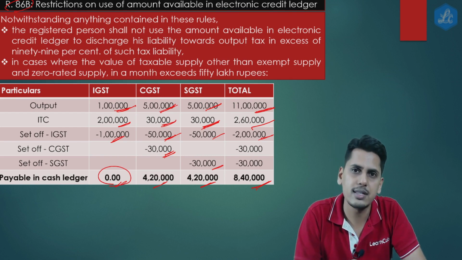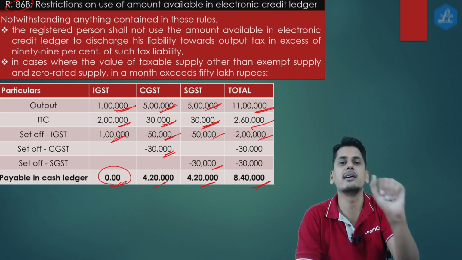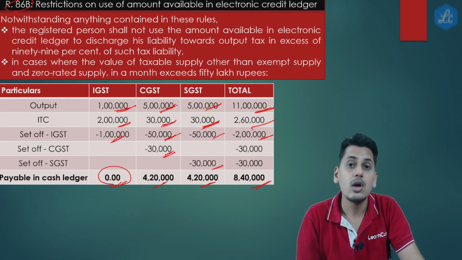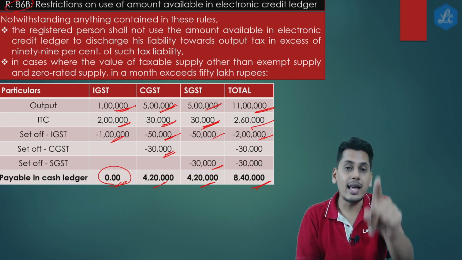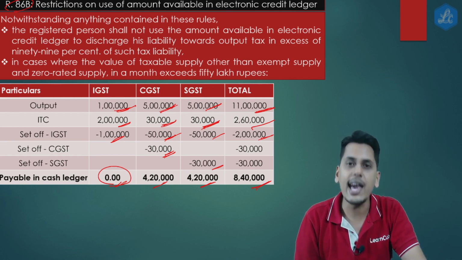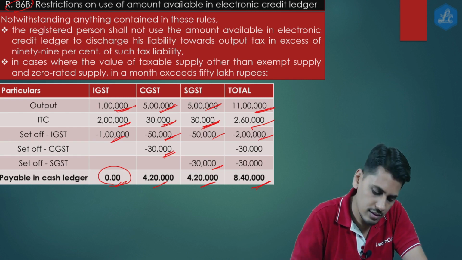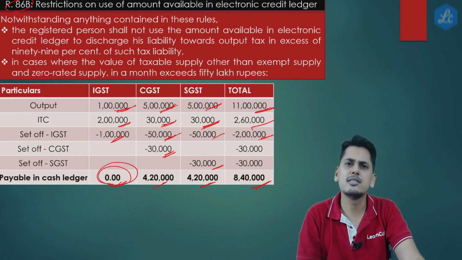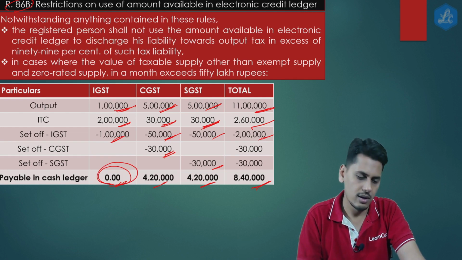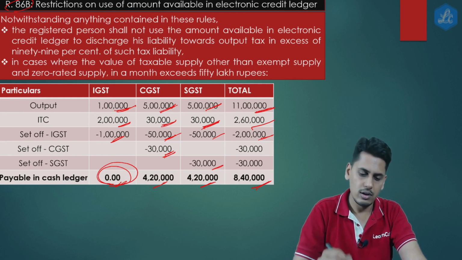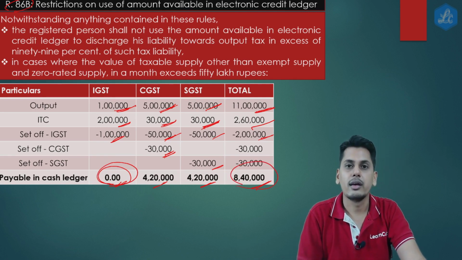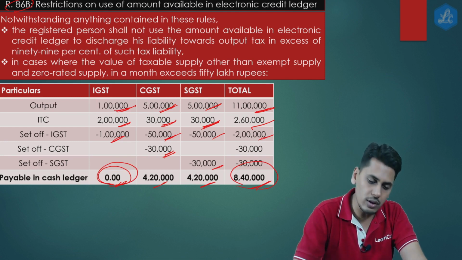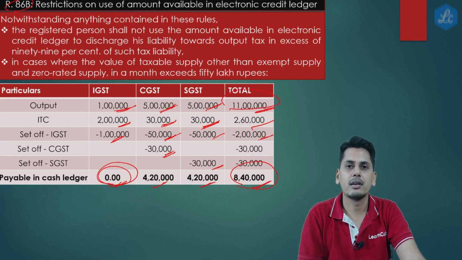What does 86B say? 1%. 86B says 1% of the output tax liability needs to be discharged through cash. How much have you discharged? 0. The assessee says, look at the total. 8 lakh 40,000 I have discharged out of the total liability of 11 lakhs.